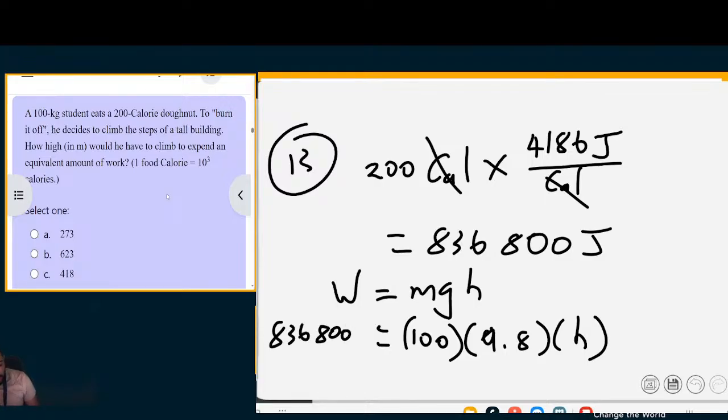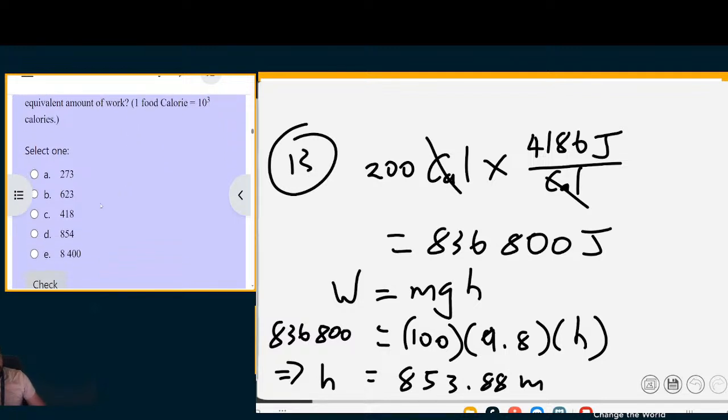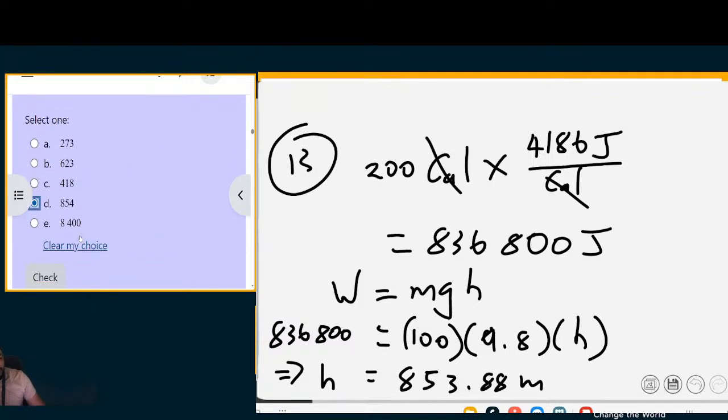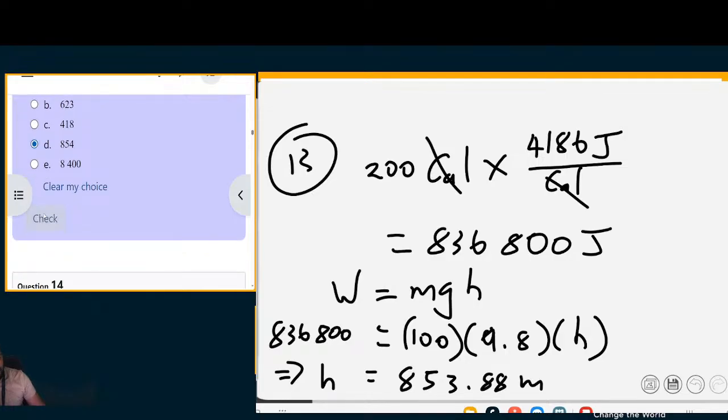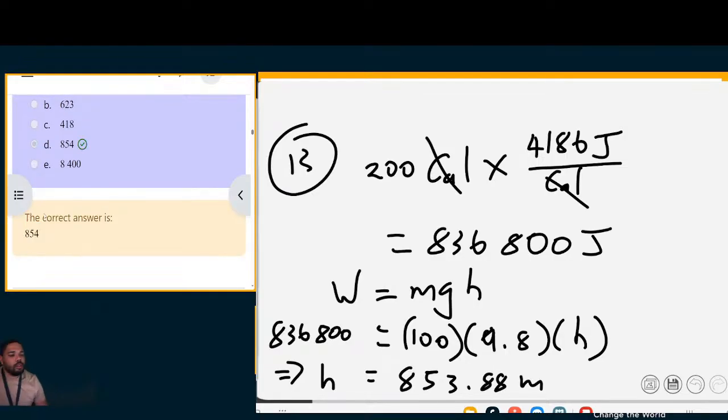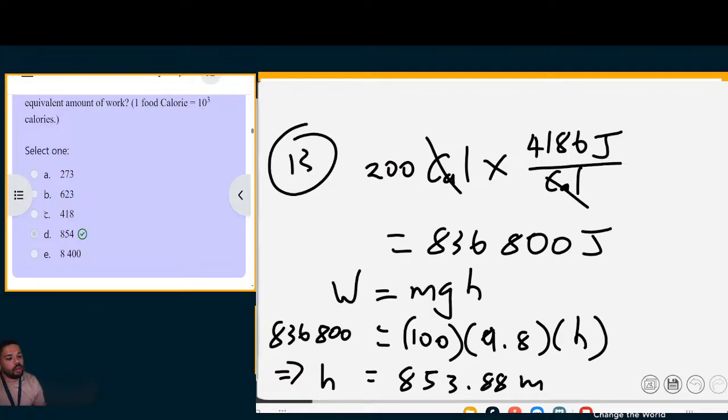So if we solve for h, we will get how high the student must climb. That is approximately 853.88 meters, so 854 meters, and he will burn 836,800 joules. And that is correct.